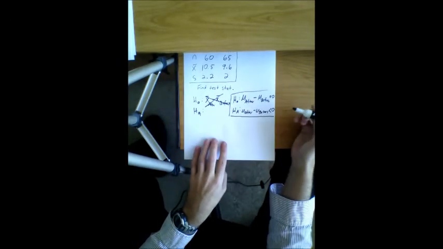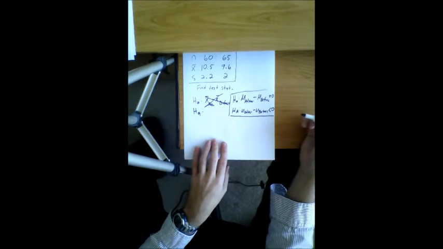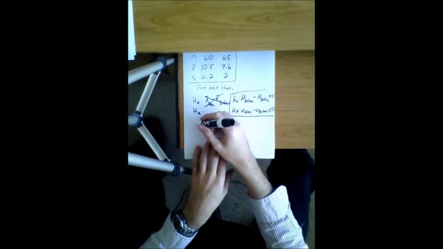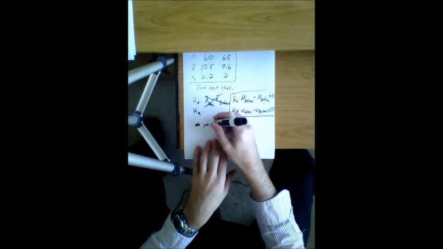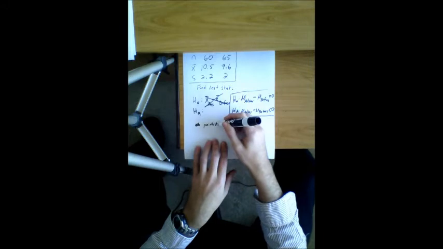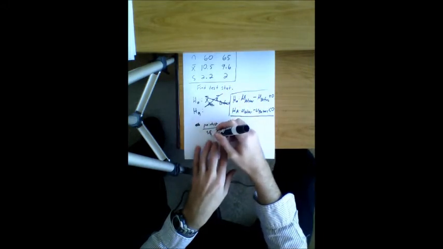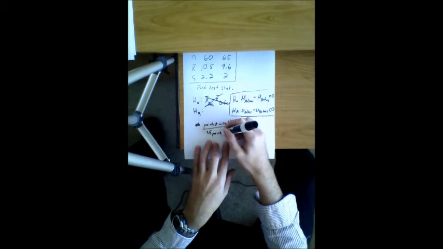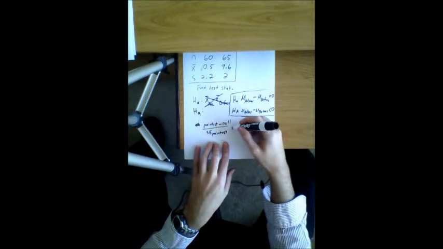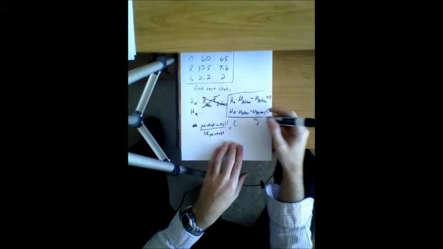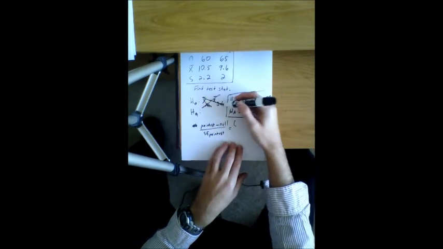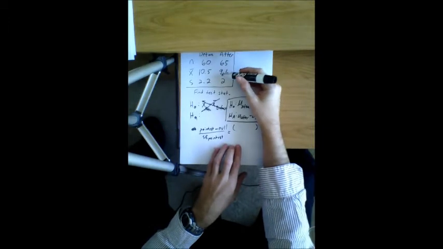Now, of course, we want to find our test statistic. So our test statistic is just going to be our observed, or I guess our point estimate, minus our null value, all over the standard error of our point estimate. So our point estimate here is actually x bar after minus x bar before, which is given to us in the problem.